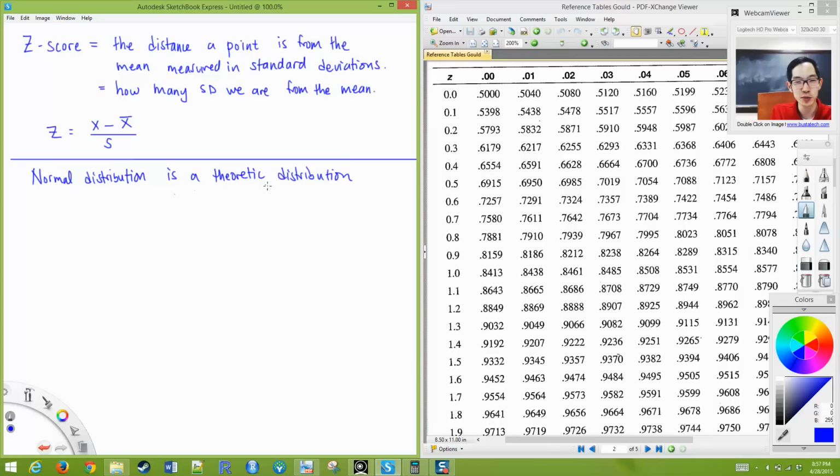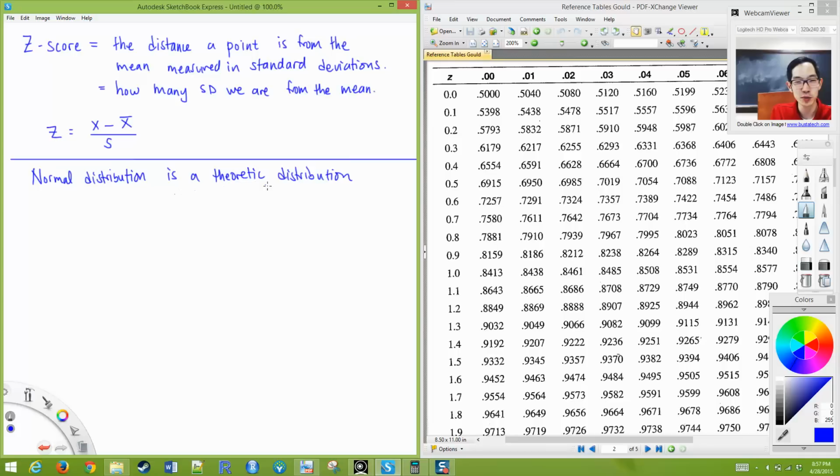So when we are talking about z-scores for the normal distribution, we use z is equal to x minus mu divided by sigma. Same exact thing. It's the distance from the mean expressed in standard deviations.